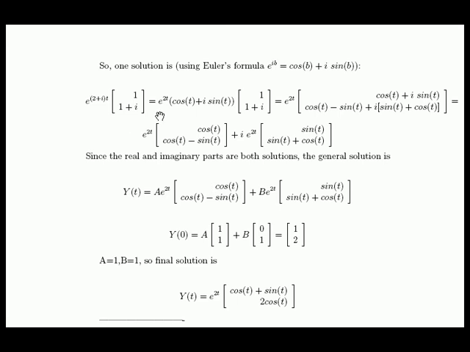Now notice that both eigenvalues have the same real part. They're always a plus or minus bi. So the real part of both eigenvalues ends up in the exponential. The imaginary part ends up in sines and cosines.